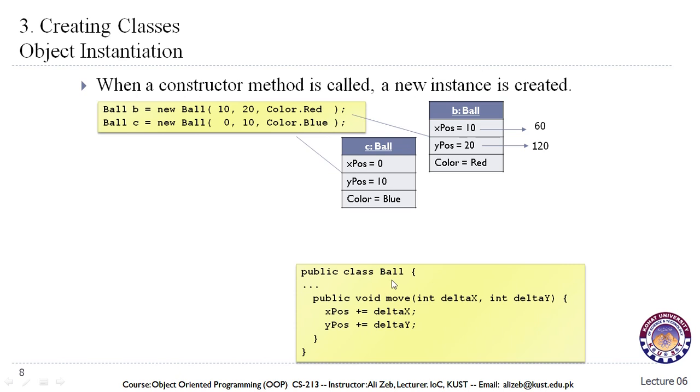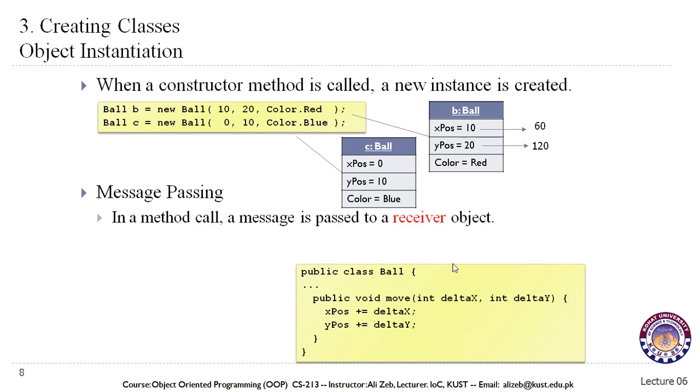So the class is Ball and it has some initial values that show the position of the ball on the screen and the color of the ball, and each object has separate values for the variables inside the class. And if you want to move the ball from one location to another location, what you do is you can call this move method, that is called message passing.